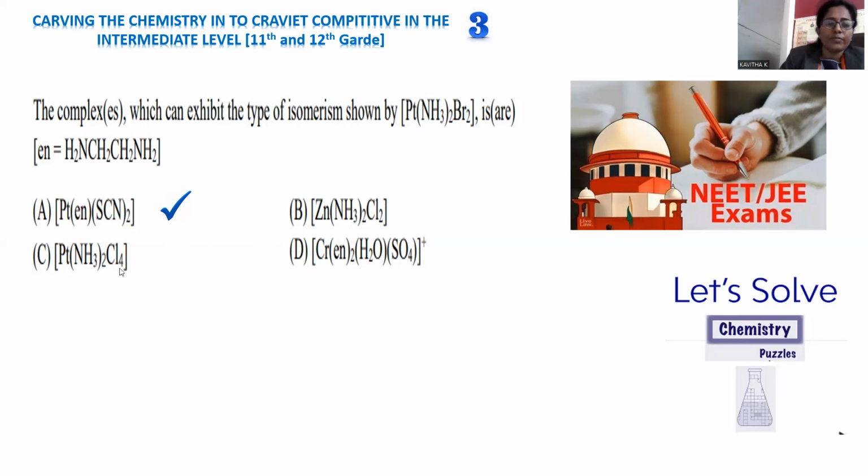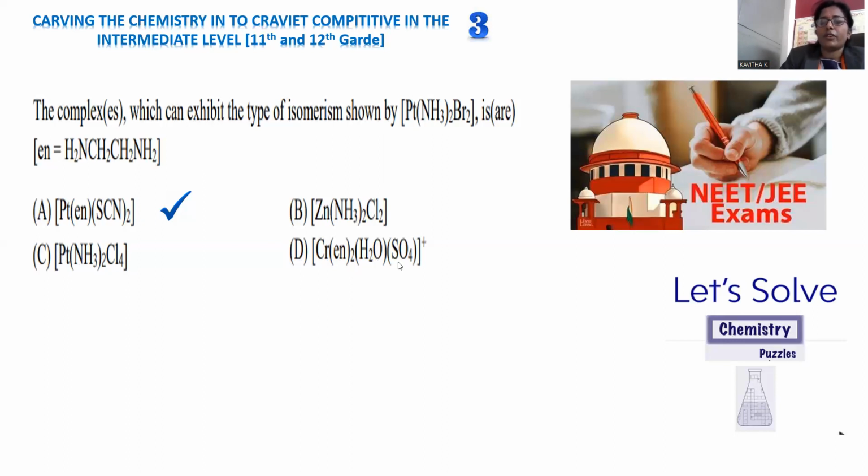Platinum NH3 taken twice Cl4. If you count the number of ligands, 4 chlorines are there, 2 amino are there, coordination number of platinum will become 6. Hence, it will be octahedral geometry, so that we can't map with this. In another, chromium, en taken twice, being bidentate, able to form 4 bonds. Water, aqua, 1 bond.